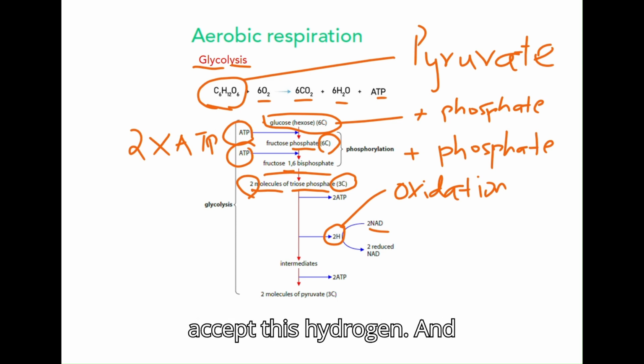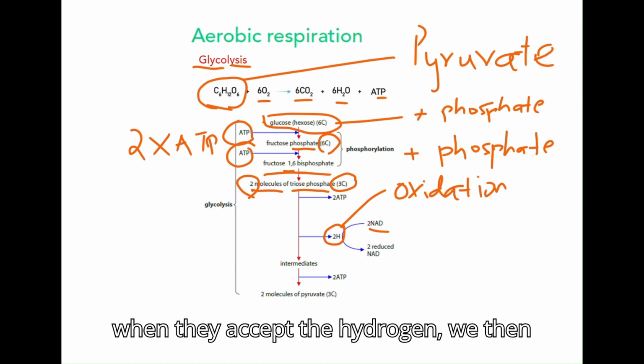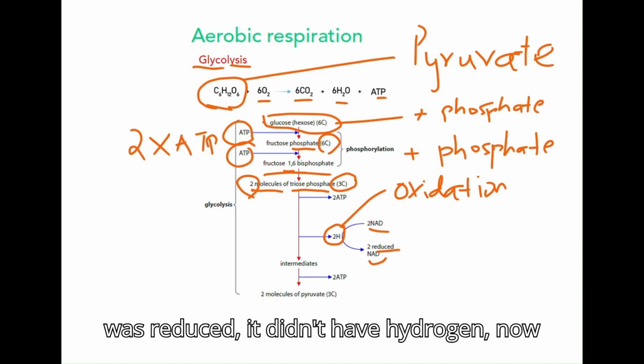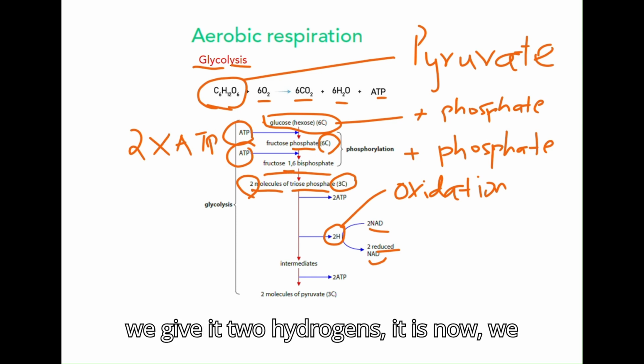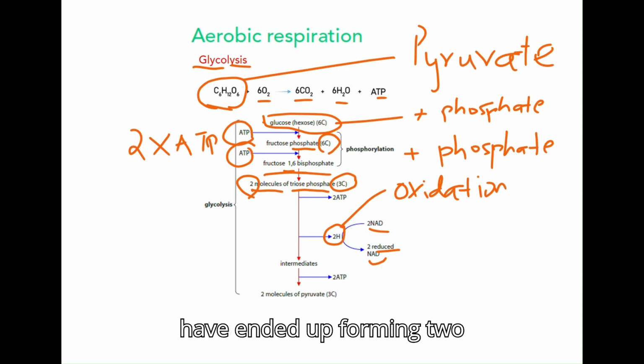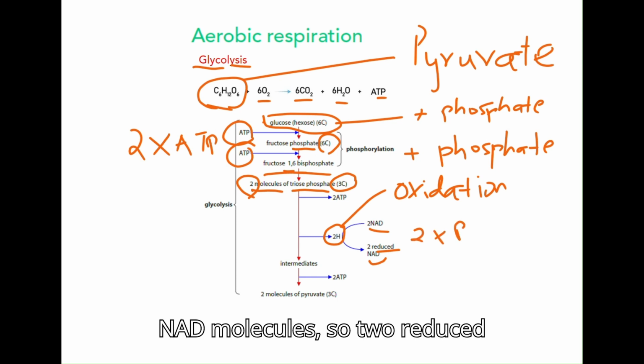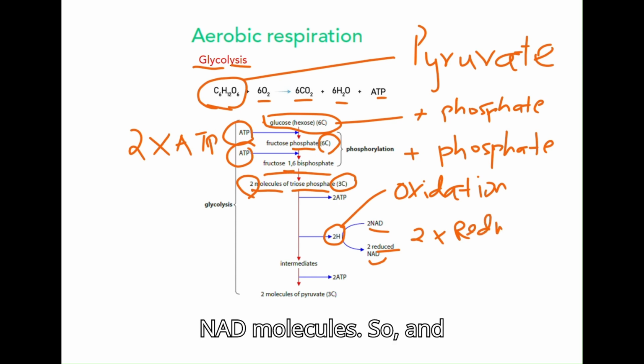They will accept this hydrogen, and when they accept the hydrogen, we say NAD has been reduced. Before it was reduced, it didn't have hydrogen. Now we give it two hydrogens, and we have ended up forming two reduced NAD molecules.